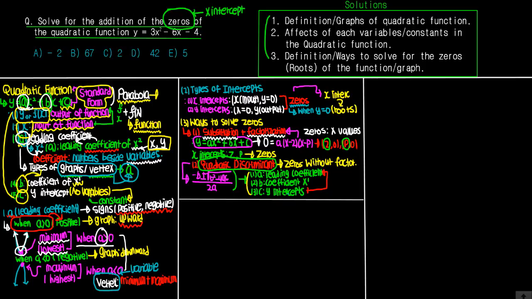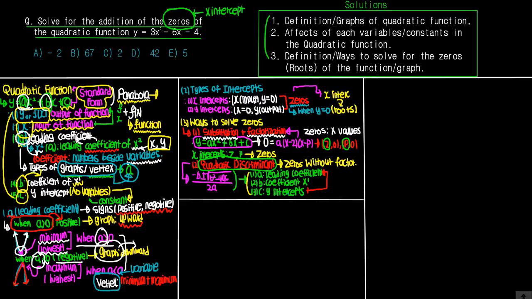And this will occur when our leading coefficient a is greater than 0. The second case will be when our leading coefficient a is less than 0. When it is a negative value, the graph of our quadratic function will open or go downward, unlike the first one. It is exactly the opposite of the first one.